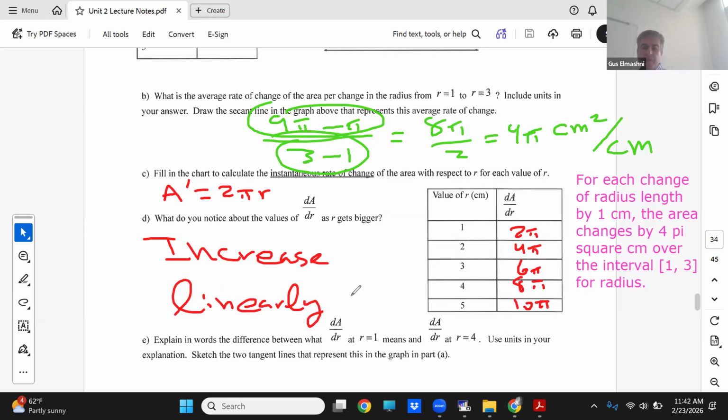That's what we notice. Now explain in words the difference between dA/dr at r equals 1 and dA/dr at r equals 4.